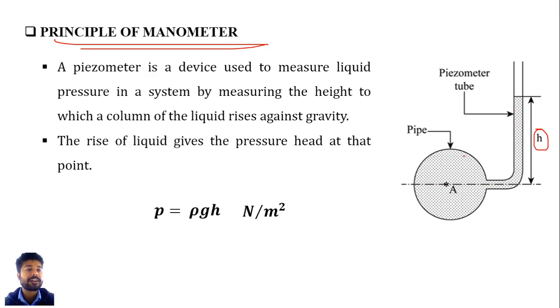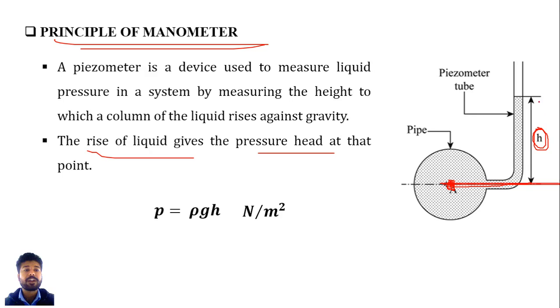Whenever you want to find out the pressure in any pipe, you need to connect this piezometer at that point, like in this figure, it is connected at point A. From this point A, you take the vertical height against gravity, and this height shows you the rise of liquid in your piezometric tube.